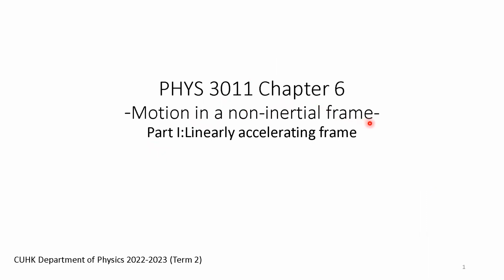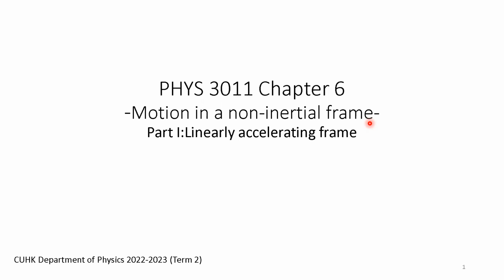First of all, a frame means a reference frame, or most of the time we call that a coordinate system. And what is a non-inertial frame? I should first say what is an inertial frame.